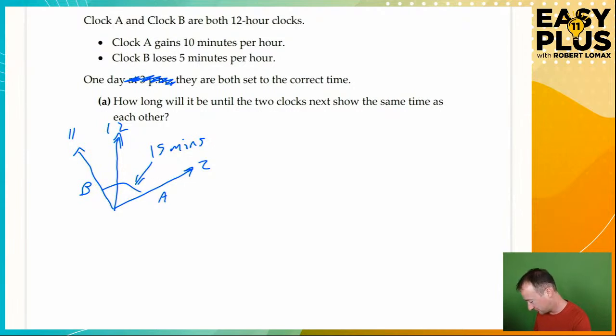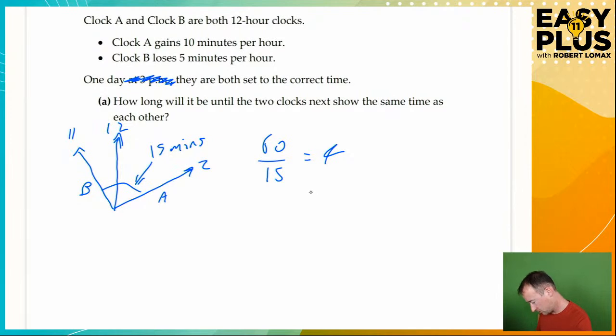Yeah, 12 hours. When they're 12 hours apart. Okay. So they gain 15 minutes per hour. So how many 15 minutes are there in 12 hours? Well, to be 1 hour apart, they'd have to do it 4 times. Okay, 60 divided by 15 equals 4.